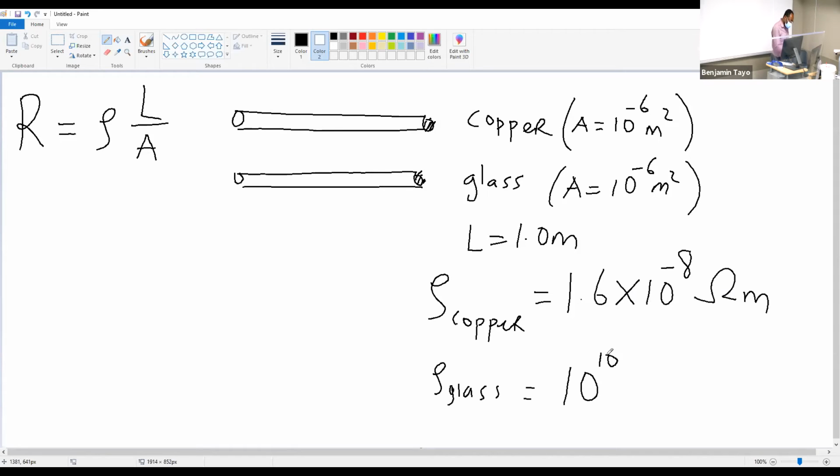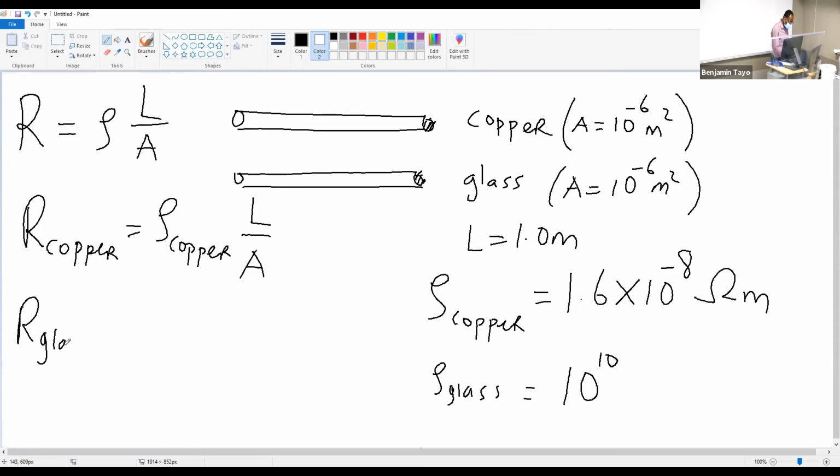So using these, let's calculate the resistance for copper. So this would be the resistivity of copper times length over area. And for glass, this would be the resistivity of glass times length over area.